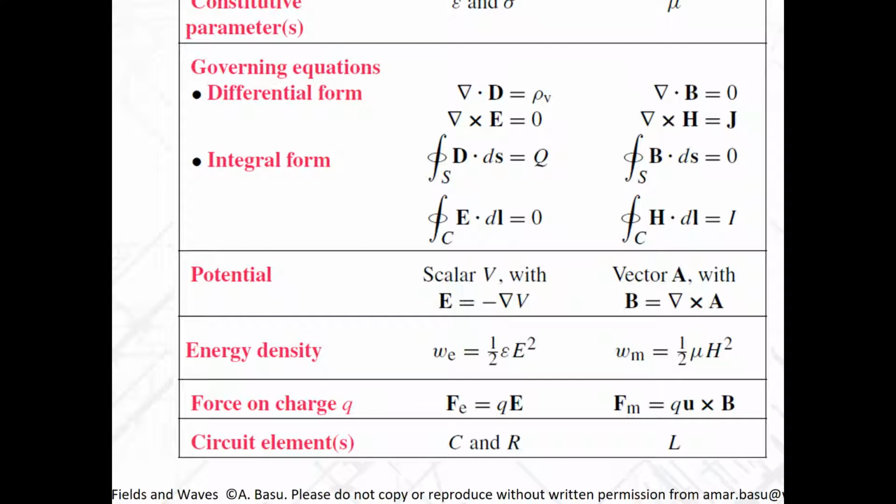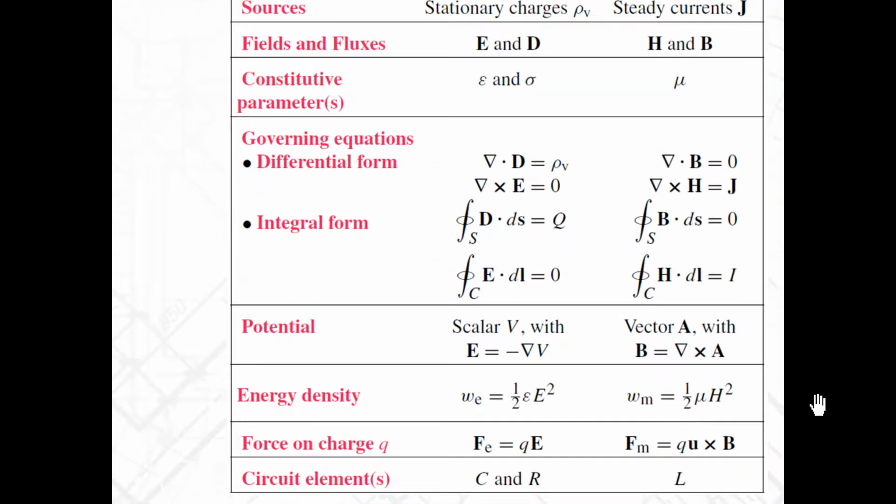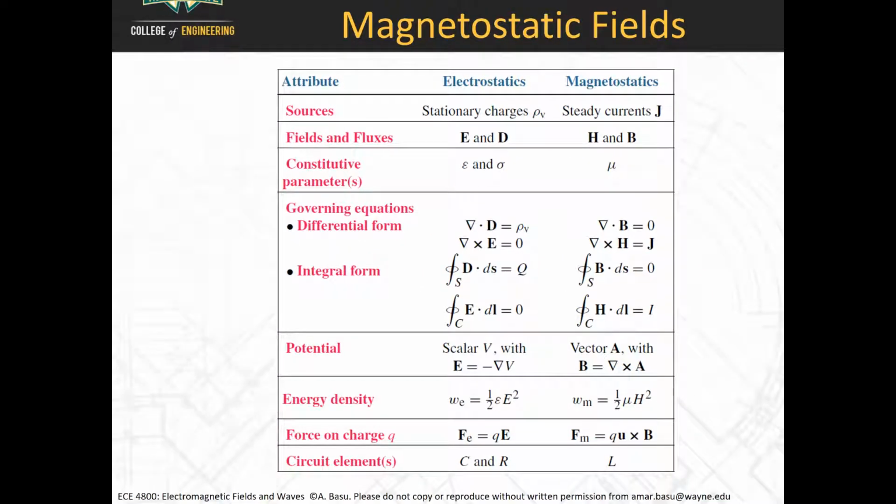In terms of circuit elements, what do these rules ultimately translate to when we're doing circuit design? With electrostatics, we talk about capacitors and resistors. We did calculations on both in the last exam. In magnetostatics, we talk about inductors. Remember that capacitors were energy storage elements, and so were inductors.